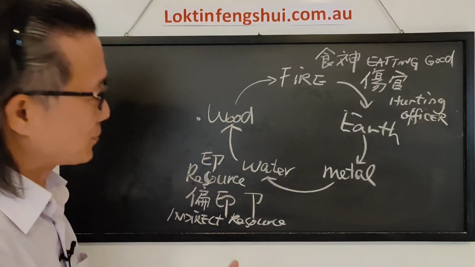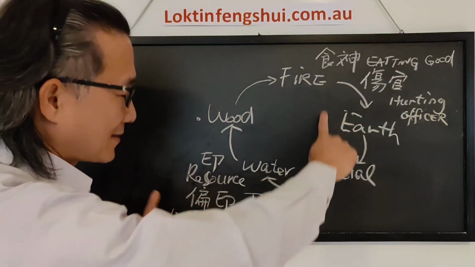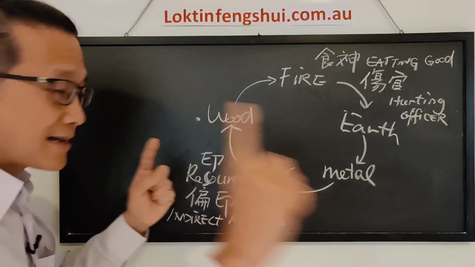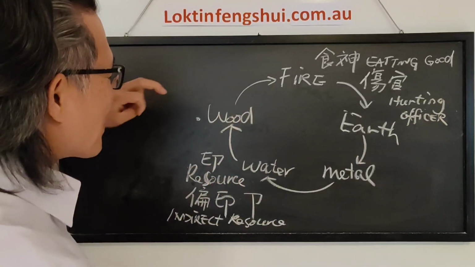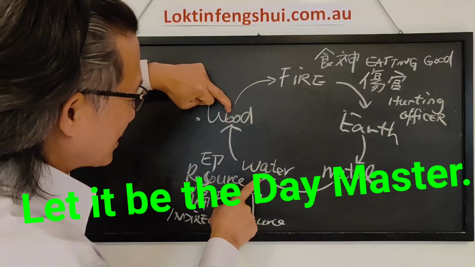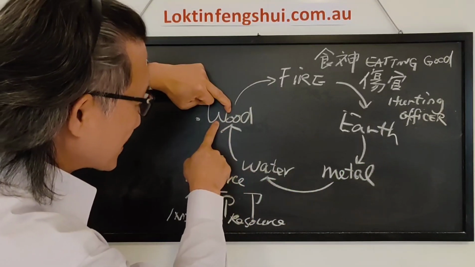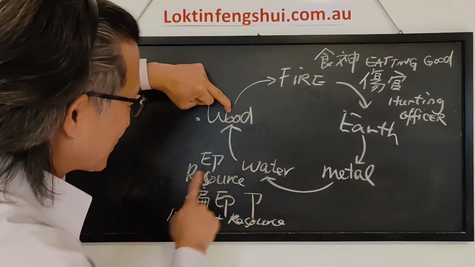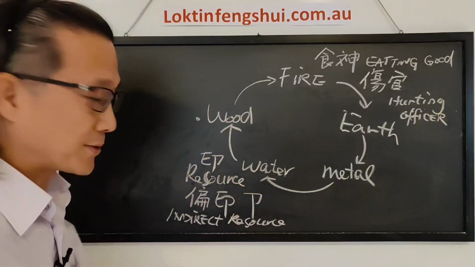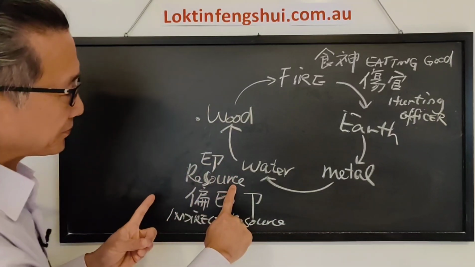But you need to understand this representation first. I repeat again, we are standing here as the wood element, and what produces wood is water. So we give a symbol or a variable, called Yan, or resources.